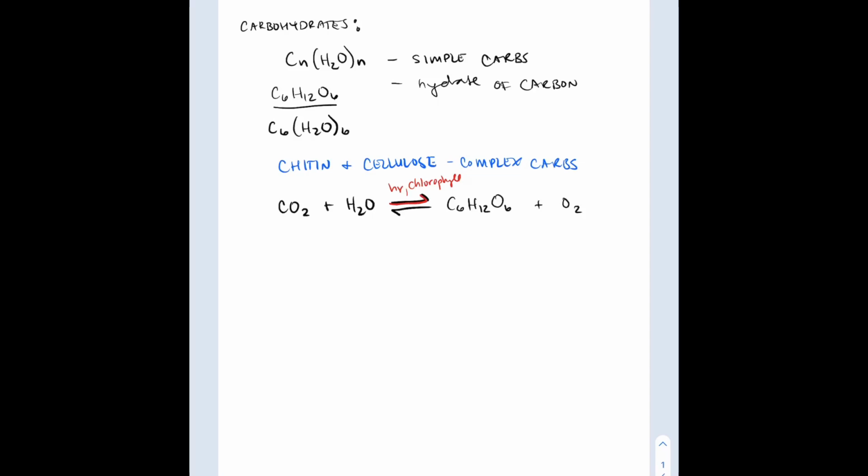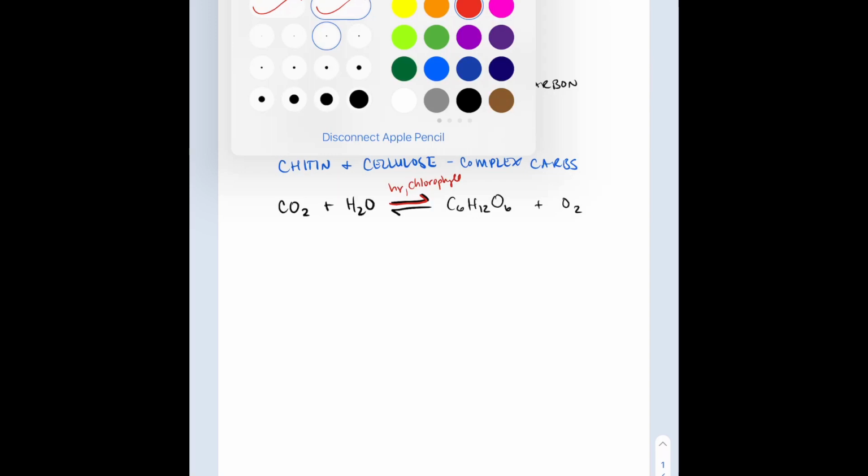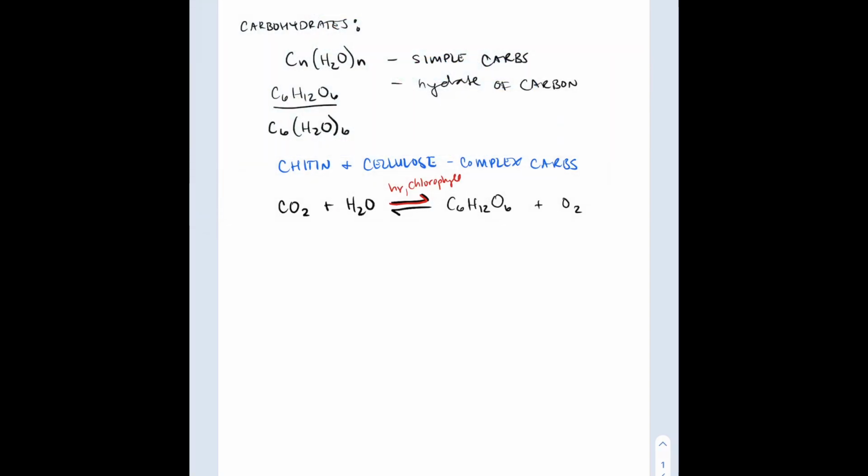And so plants, coupled with light, take CO2 and water to make the sugar and the oxygen, and then we as animals consume these sugars and metabolize them to get energy from them, and then we make CO2 and water again.